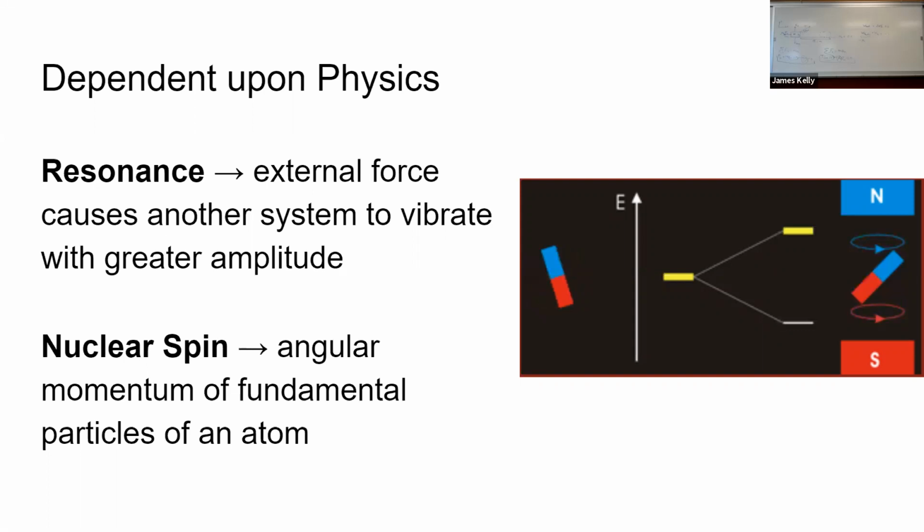And on this figure, this is a figure that I liked because it shows the magnetic energy levels for atomic nuclei. The top one shows how the atomic nuclei would be spinning opposing the external magnetic field, while the lower energy one on the bottom would be spinning with the magnetic field.